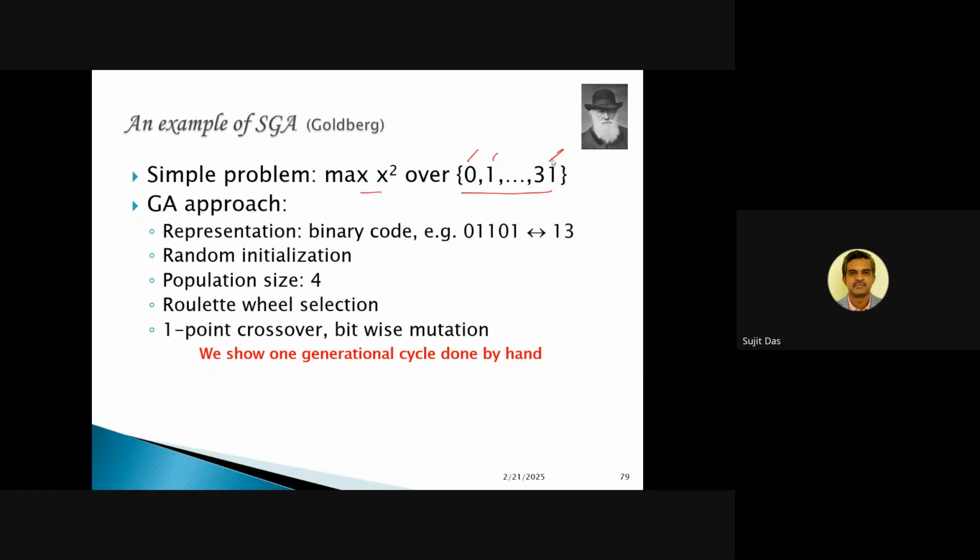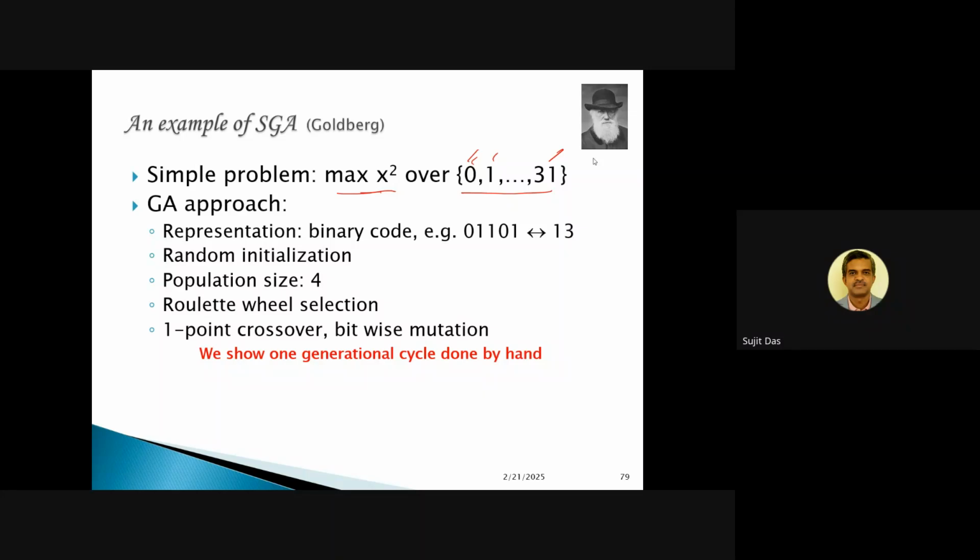So here what do you want to find? If we do max of x square, which one will be selected? This is your objective function, max of x square. We want to apply this for the values 0, 1, 2, 3, 4 up to 31. You can easily say, sir, max of 31 square will be maximum.